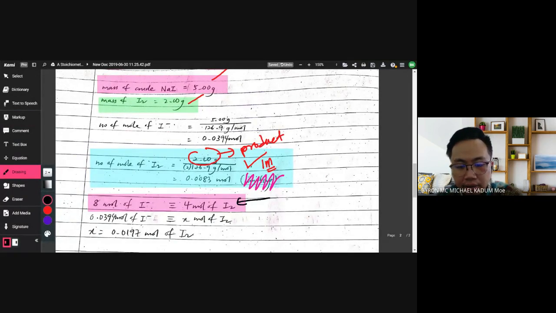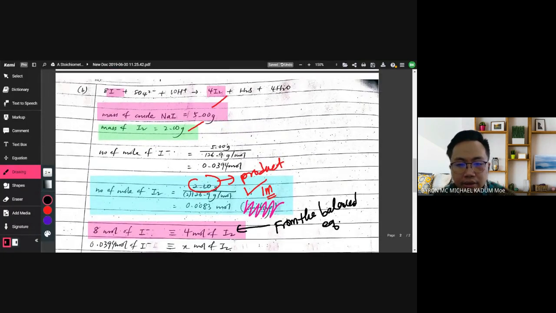Okay. Dari sini. 4 mol, tengok. 4 mol of I2 akan hasilkan 8 mol of I minus.